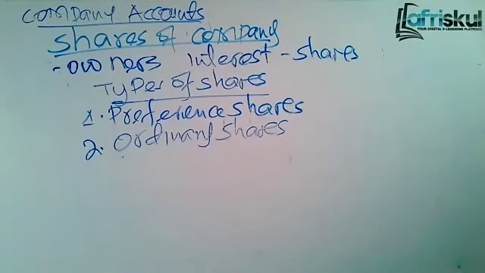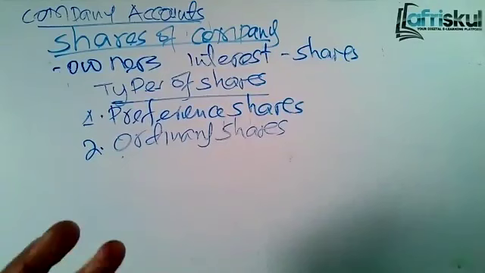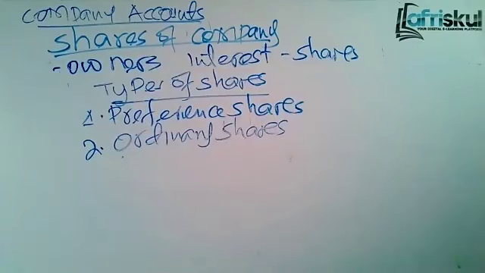When you check on the financial statements given on the question paper, you will find that the preference shares have started with a rate. That rate is what I'm talking about, the fixed rate.